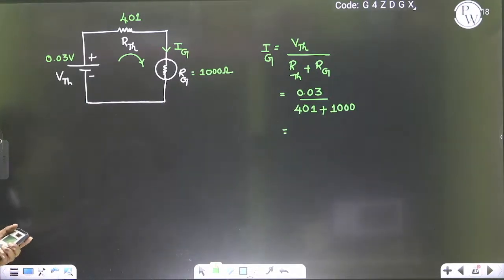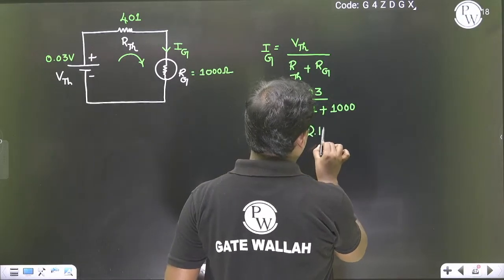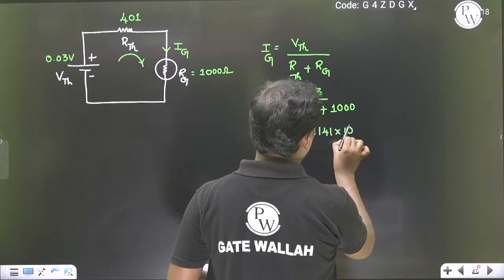So 0.03 divided by 401 plus 1000 is going to become 2.141 into 10 power minus 5.